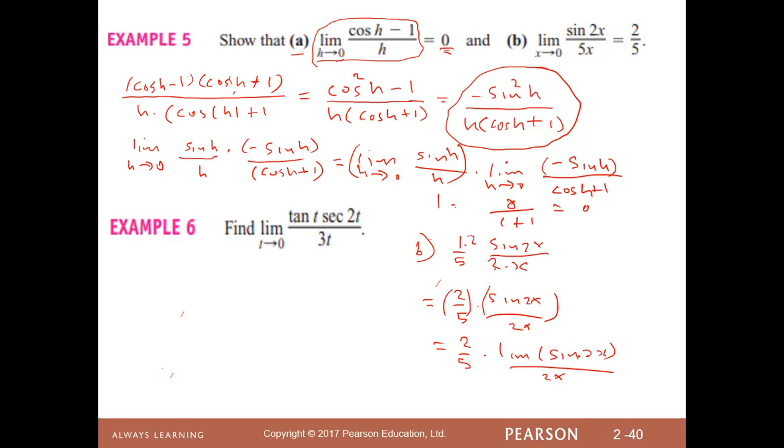So the limit of sine of some value divided by that value as x goes to 0 is going to be equal to 1, right? The limit of sine of anything divided by that same thing is always 1. So this will be equal to 1. So the answer will be 2/5, which is what is required over here, right?